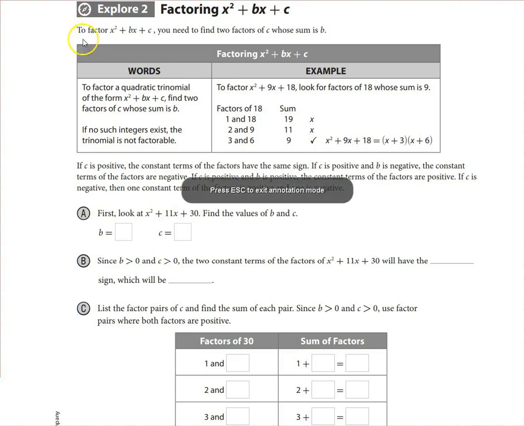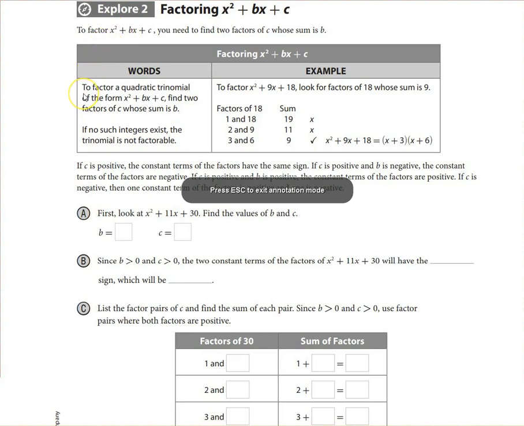In the next section, 18.2, we'll look at how we do this kind of factoring when a is a number other than 1. And a is the coefficient of x squared, in ax squared plus bx plus c, which we've been calling standard form. Today we're only looking at situations where the coefficient of x squared is a 1.